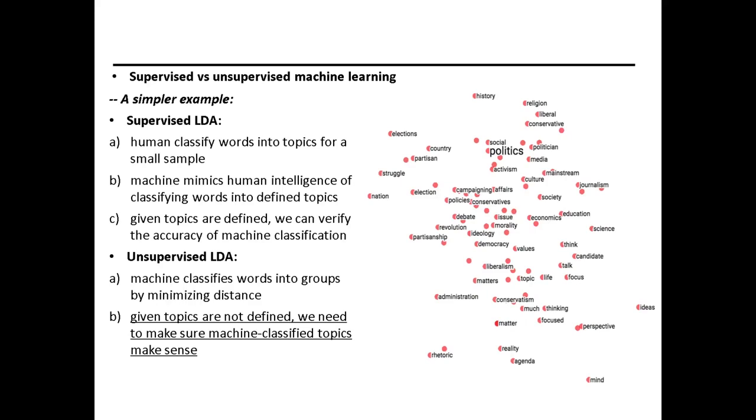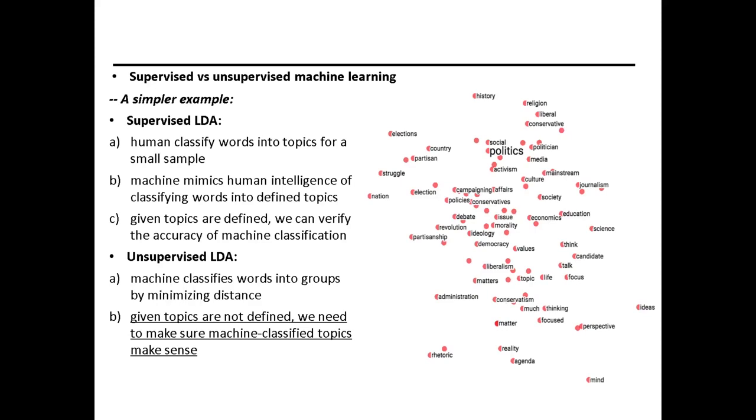So you have to label a fair amount of training data at the sentence level, and then you can build a model. The model can mimic your intelligence in recognizing each topic, and in that sense it can divide the whole text based on the way you categorize each sentence.